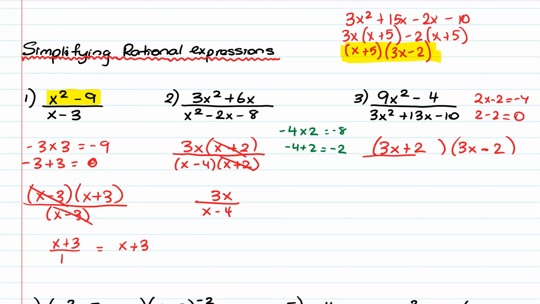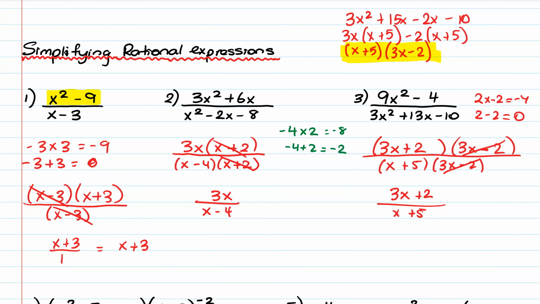And down the bottom, I've already factorized that. I had (x plus 5)(3x minus 2). The 3x minus 2's cancel out, so I'm left with 3x plus 2 over x plus 5. So that's how I simplify that.